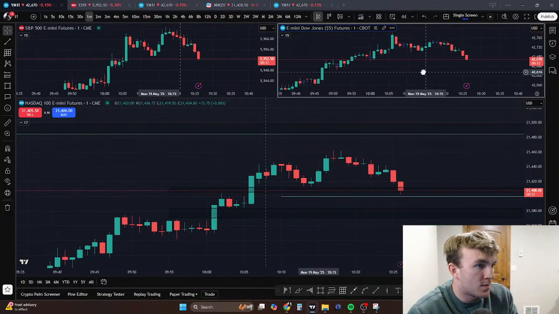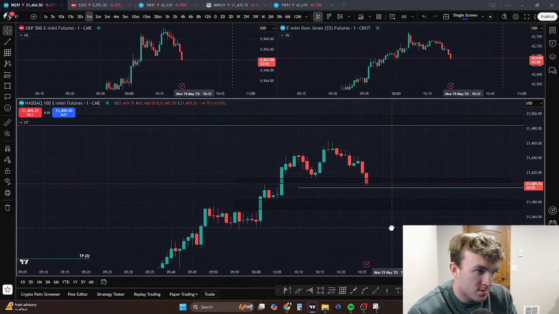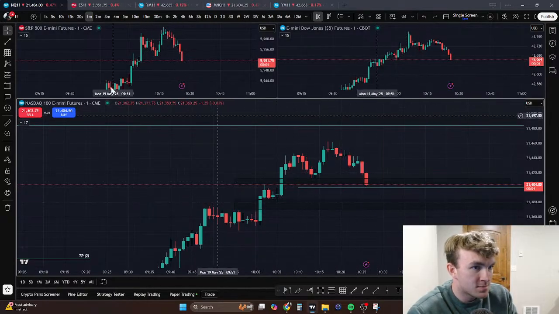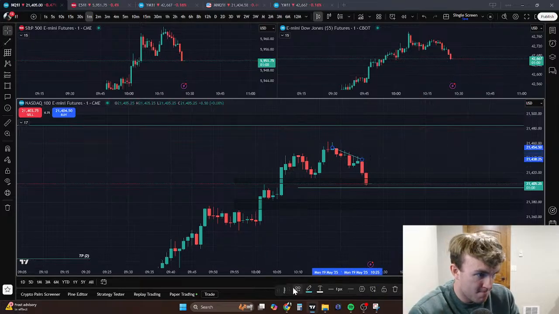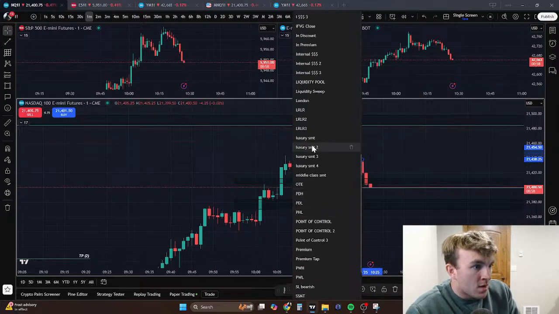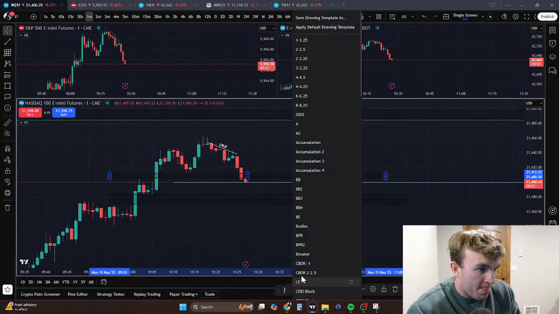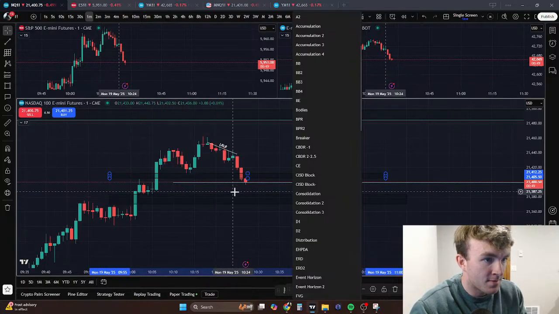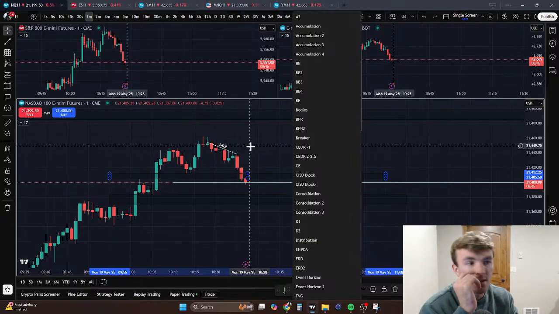So, any SMTs? Probably want to see SMT with this low. We have some good generated liquidity now. So here we have a fair value gap. I think let's see us go down and tap into it. It just depends, whichever one.